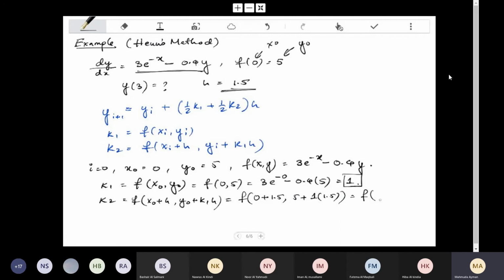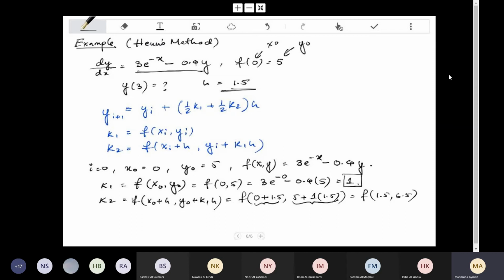So if you solve it further, this value is 1.5, comma 6.5.